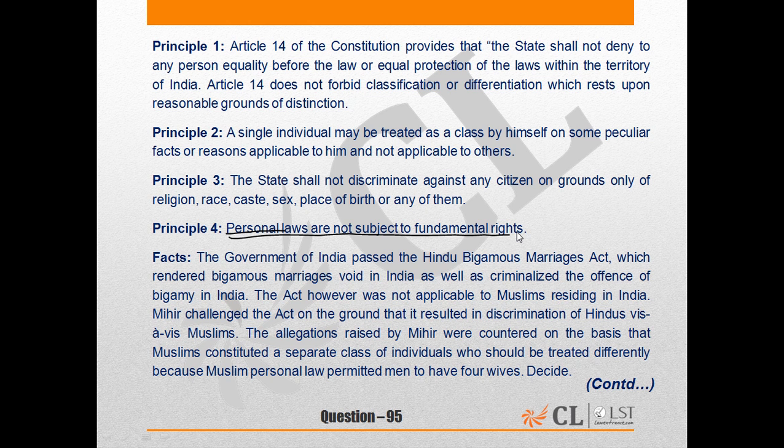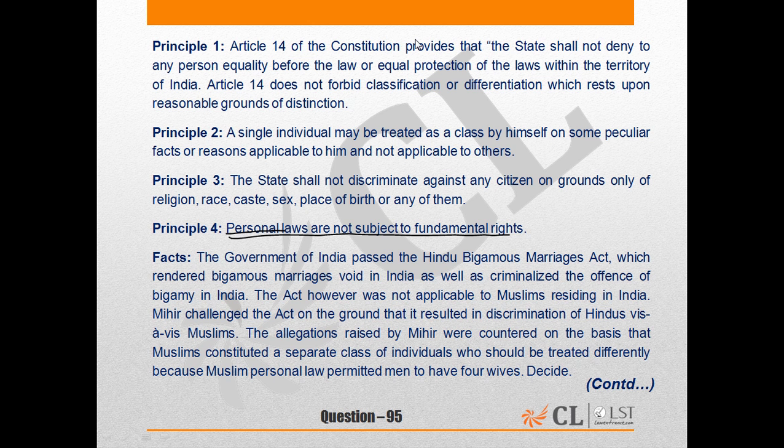So the government of India passed an act for the Hindus which made bigamous marriages a crime, an offence, and it criminalized the offence of bigamy. The act, however, was not applicable to Muslims residing in India. So as the act was made for the Hindus, it was applicable only to Hindus and not applicable to Muslims.